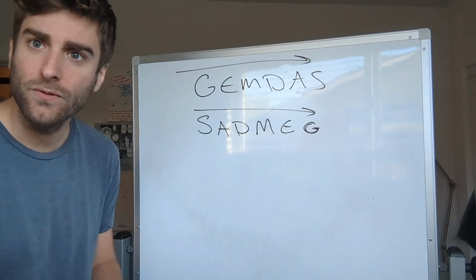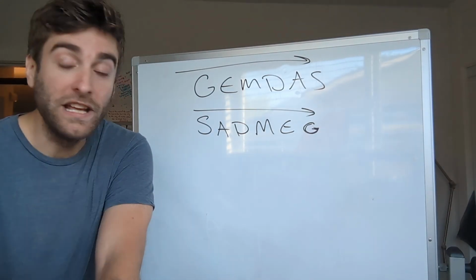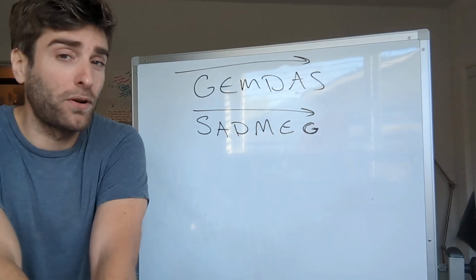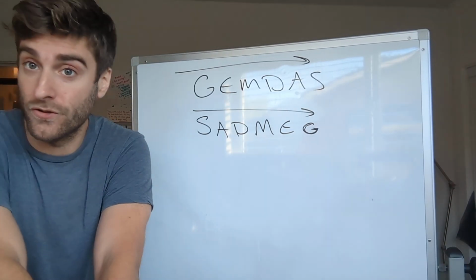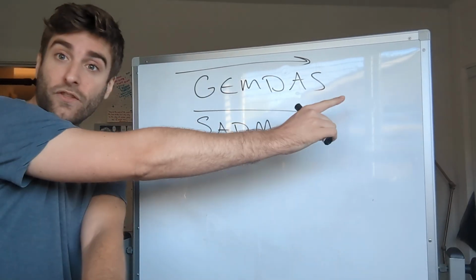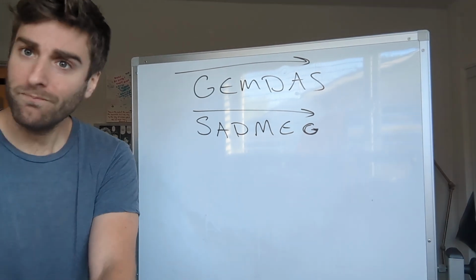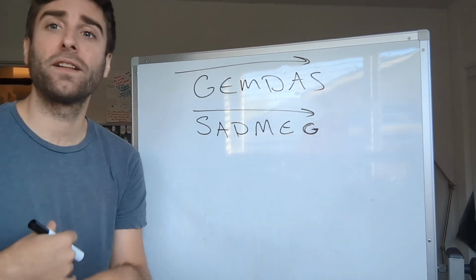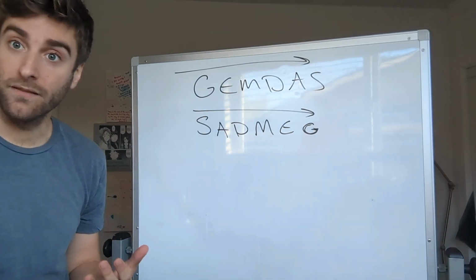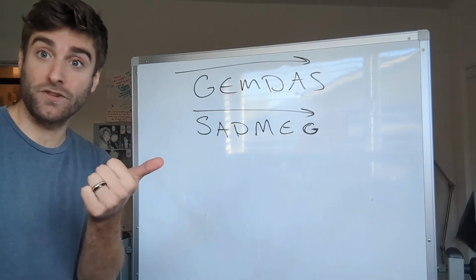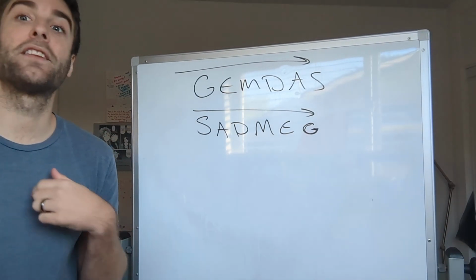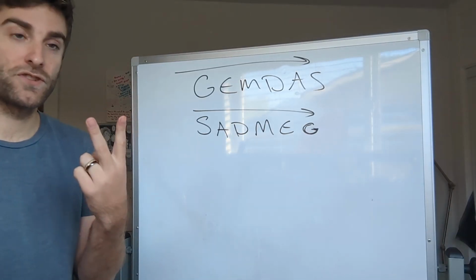The analogy I like to use is when you leave the house in the morning, you put on your socks first and then your shoes. That's the normal order of operation. But when you get home and you want to get comfy again, you don't take your socks off first and then your shoes. You can't do that. You have to take your shoes off and then your socks.